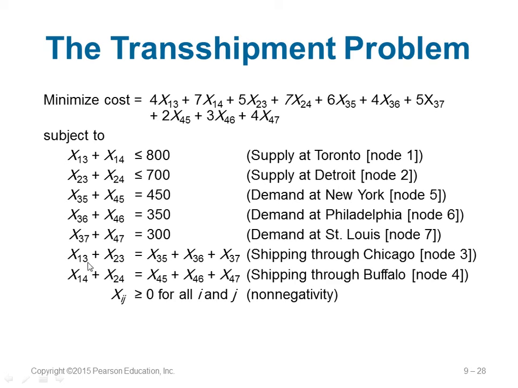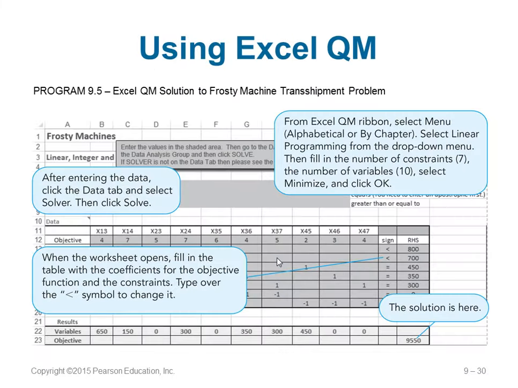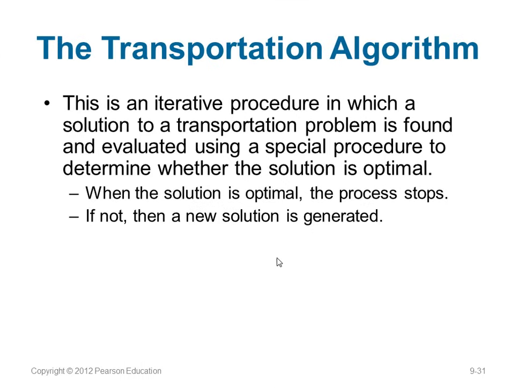And if you see x13 plus x23, so source 1 to transshipment point number 3, source 2 to transshipment point number 3, is equal to... this is what is incoming into transshipment point number 3, and this is outgoing from 3 to 5, 3 to 6, and 3 to 7. So they should be equal. Incoming and outgoing should be equal, because you cannot store items in the transshipment point. And xij is greater than or equal to 0, because of the non-negativity rule. So this could be solved using any tool or any software to get an answer.